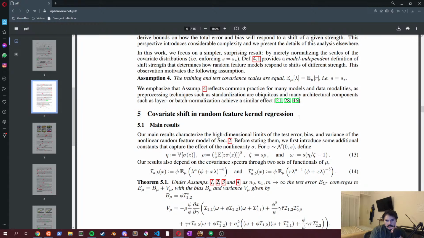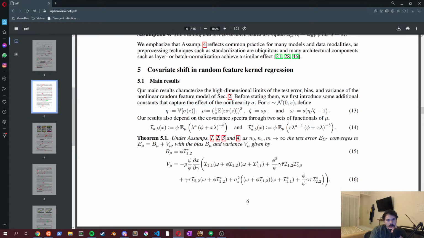Covariate shift and random feature kernel regression. Main result. Our main result characterizes the high-dimensional limits of the test error, bias, and variance of the nonlinear random feature model of section 2. Before stating them, we first introduce some additional constants that capture the effect of nonlinearity, sigma.